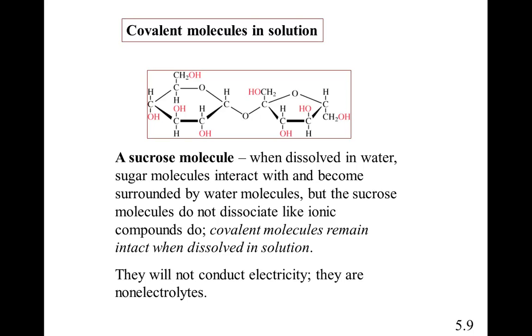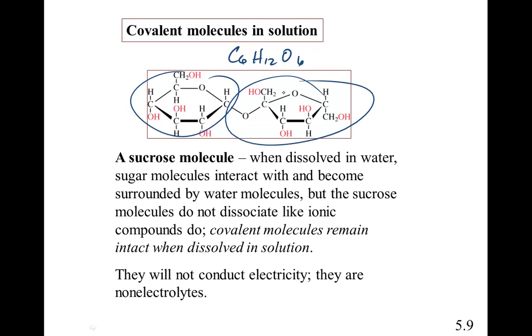Okay, covalent molecules in solution. So we've talked about this. This is sugar, C6H12O6. And you go, well, how do we get that? Well, there's one unit here and there's another unit there. Actually, this is a different sugar.